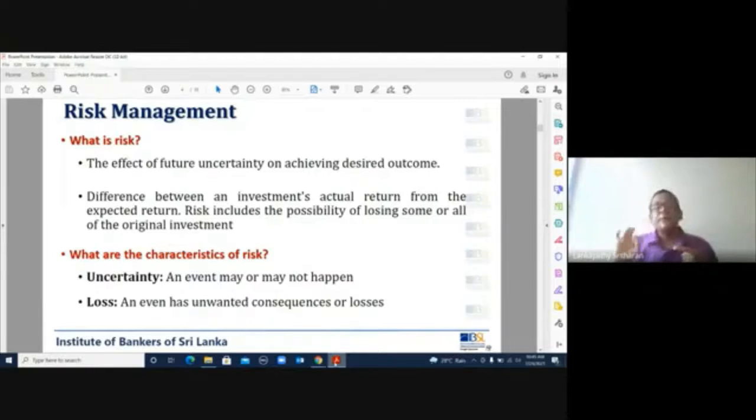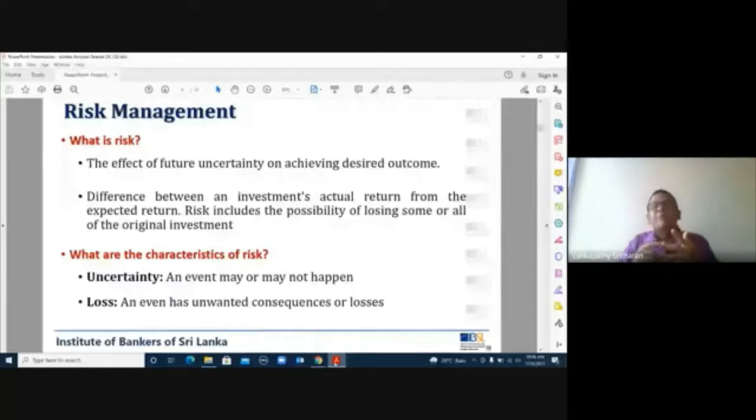That is why I'm explaining this example, to emphasize my idea: it should be an adverse event. The first option is not an adverse event, but the second and third options could be considered a risk.